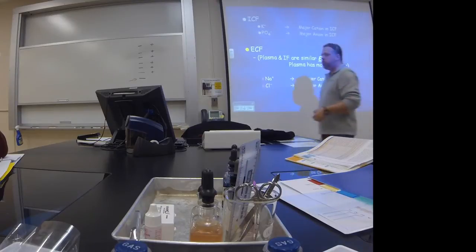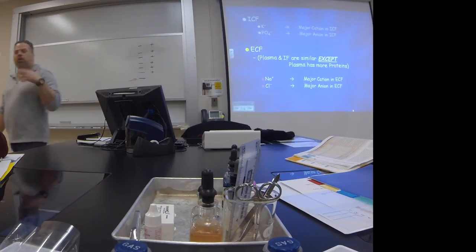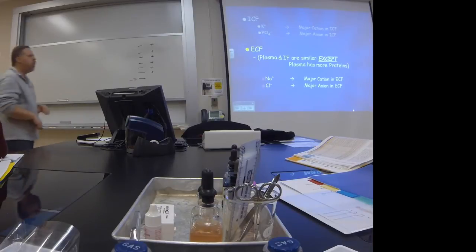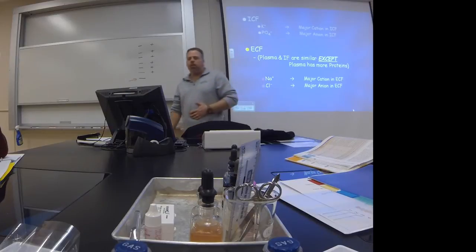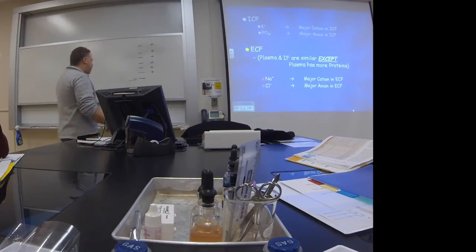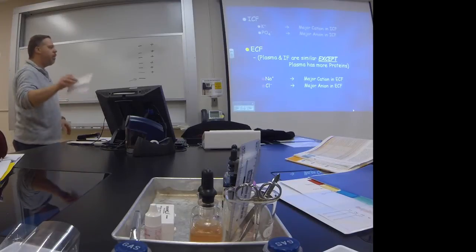Outside the cell, plasma and interstitial fluid are similar, except that plasma has more proteins. It's kind of a FYI kind of thing. All right, you'll learn more about that in A&P2. But outside the cell, there is going to be more sodium, it's the major cation, and for anions, the major one is going to be chloride.